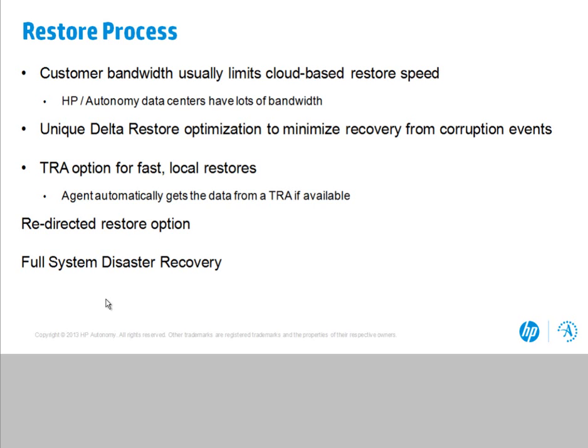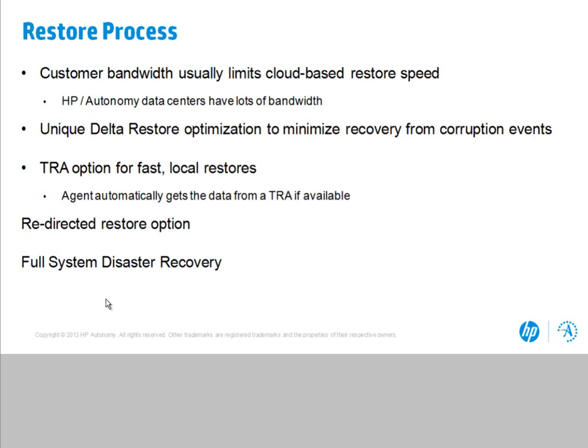And certainly that's where having a Turbo Restore appliance can make a big difference, because with the TRA, the restore can be done completely off the local device. You don't need any bandwidth at all. And in this regard, I should mention that LiveVault supports redirected restores. So if you do have a server outage, maybe you have some other server that you can press into service, at least temporarily. Maybe you don't have a replacement immediately available to you.